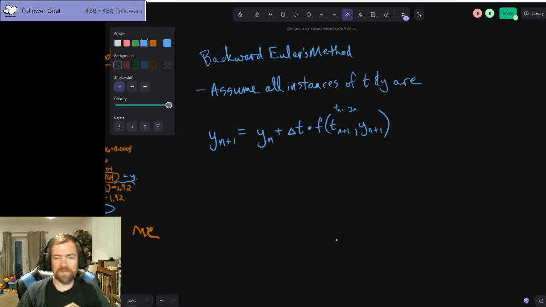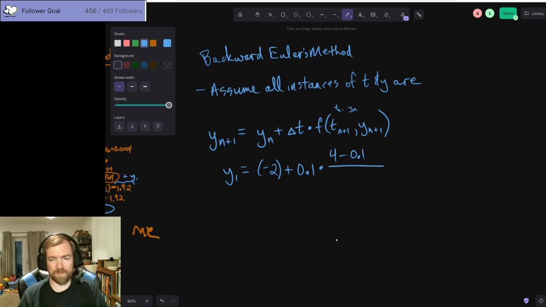But nonetheless, if we want to do, again, just one by hand, y sub 1 is going to be equal to y sub 0, which was negative 2, plus 0.1 times our f, which was 4 minus t sub n plus 1 is known. So we know that this is going to be 0.1 as our next t value.